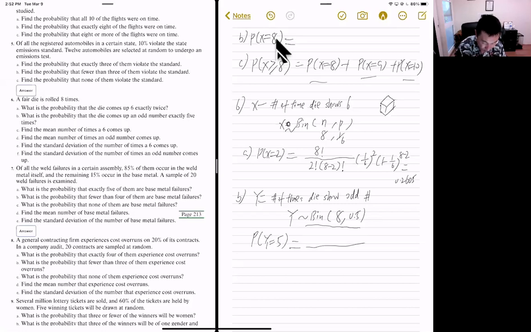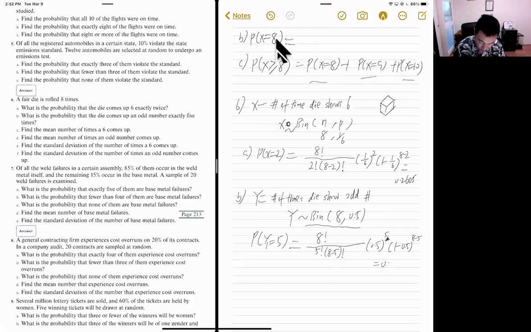So that will equal, again, plug in the mass distribution function, 1 minus P, so 1 minus 0.5, to the power n minus x, 8 minus 5.